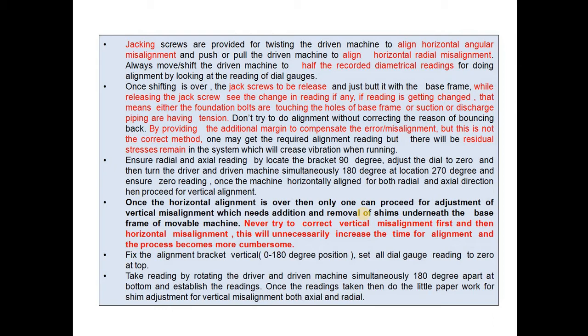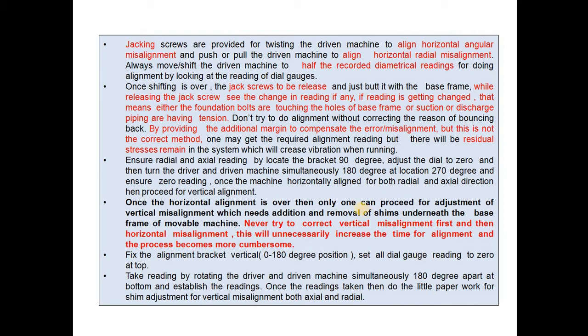So we have to remove that strain either by increasing the hole diameter or taking a skin cut on the foundation bolt, so that once you release the jack screw, the reading should not change, and after adjustment you just simply release it and simply touch it.